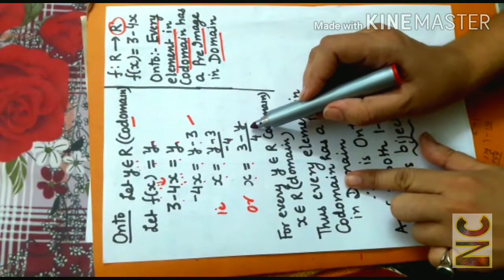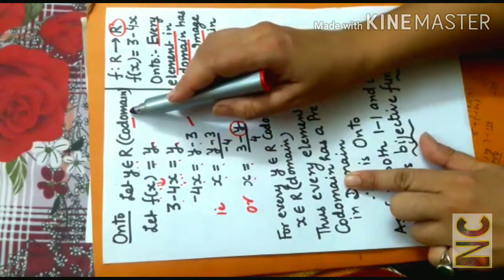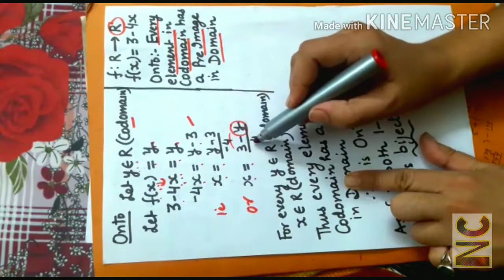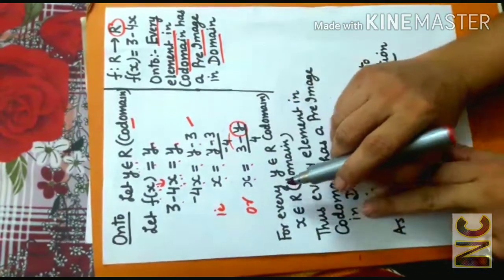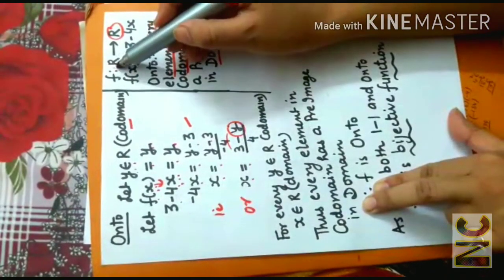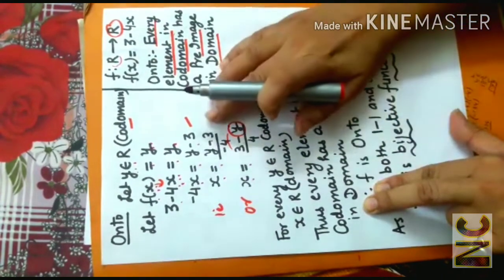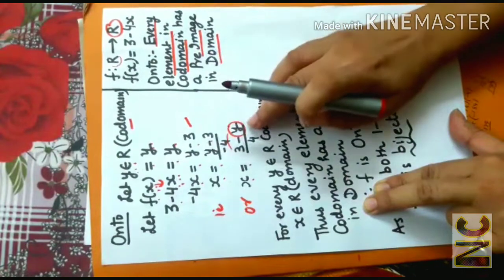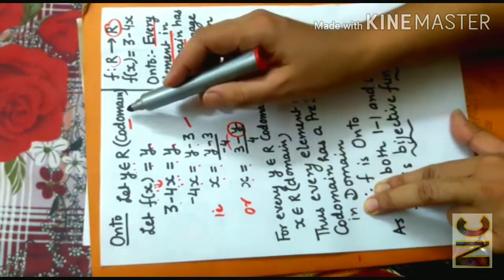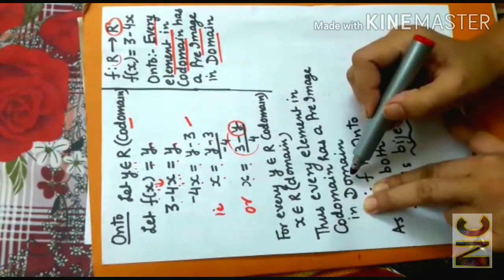Now I have to justify that whatever y I take in the codomain, this x always belongs to the domain. Now in this case, the domain of the function is R. So in order to show that this function is onto, I only have to show that for every y in the codomain, this x is a real number.